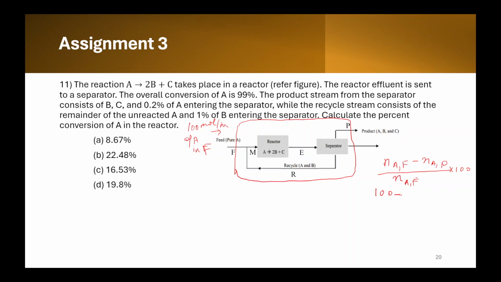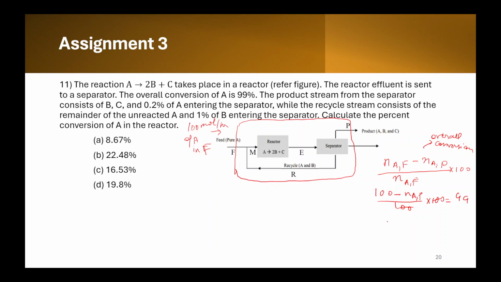Now this we don't know, NAP, upon 100 into 100. So this will get cancelled. This will be equated to the overall conversion which is given here. So this will be 99.